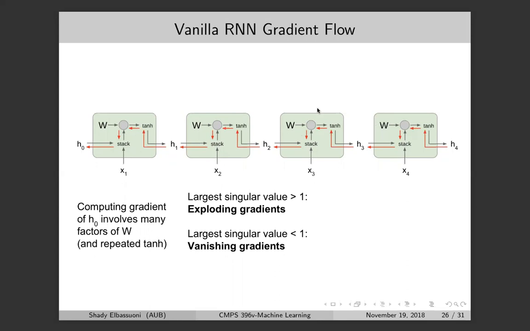And if the largest singular value is less than 1, this causes the vanishing gradient, because you're multiplying by a value less than 1, so every time you multiply by W, the value diminishes. So just a side note: depending on the largest singular value of W, you have either an exploding gradient or a vanishing gradient.